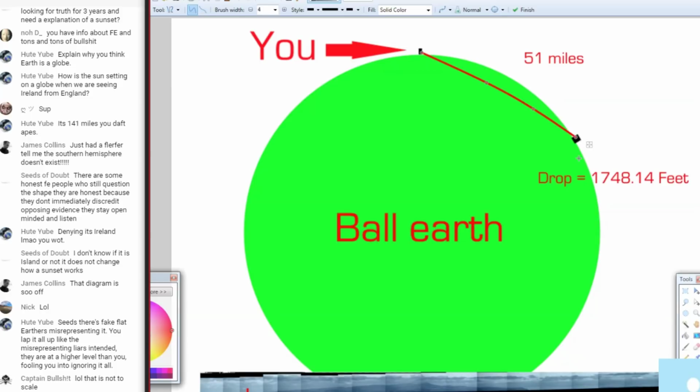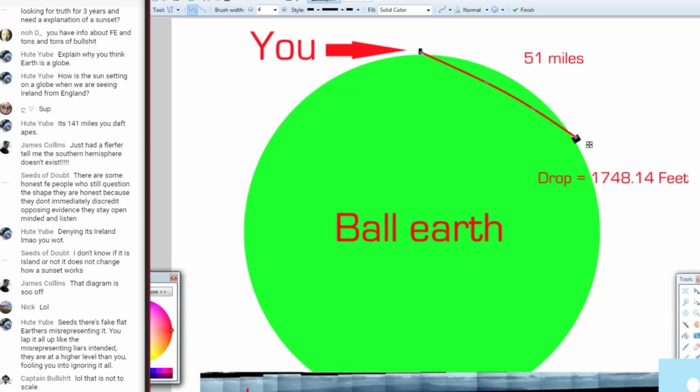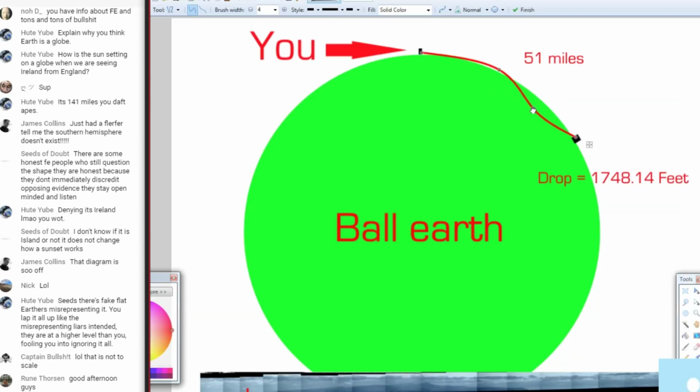And that is the two models. That is our model. We can just see it because it's there. And there it is. Or we have the ball Earth model where we see it because the light is being bent around the Earth, and it is making up for 1,748 feet of drop.